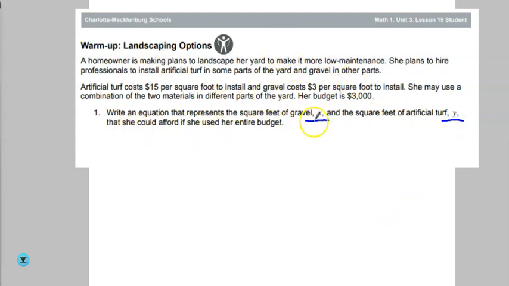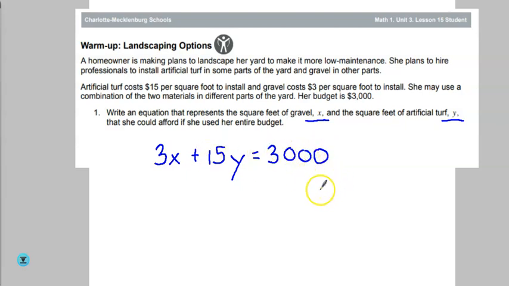So since this is all about how much money she can spend, you would say if she spends $3 on her gravel, 3x, that's $3 for every square foot of gravel, because x is the square feet, plus she spends $15 for every square foot of turf, y, that can equal, she has a budget of $3,000. So if you didn't get that, change that, and then see about graphing from there.